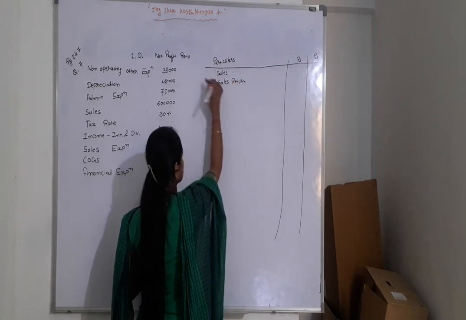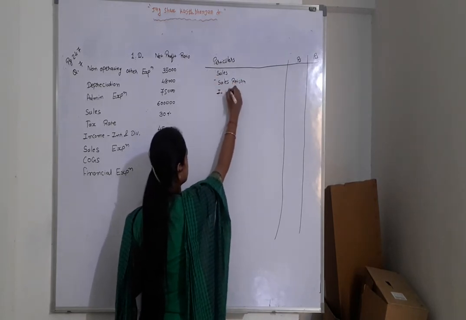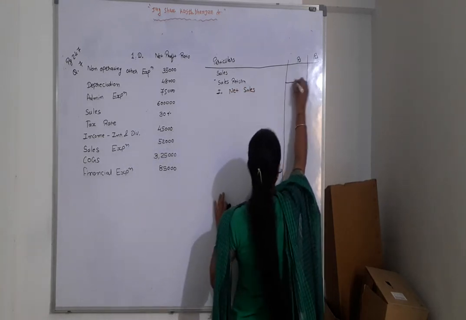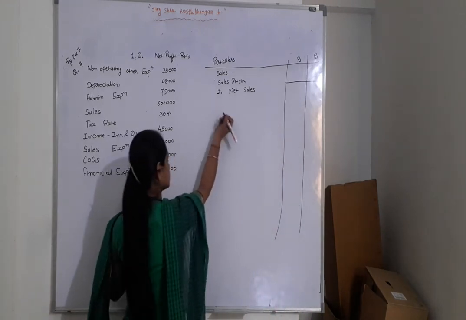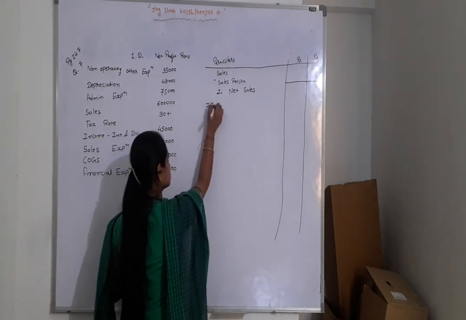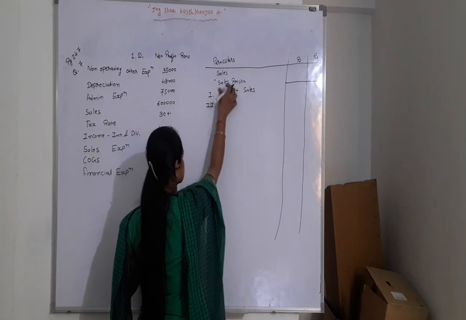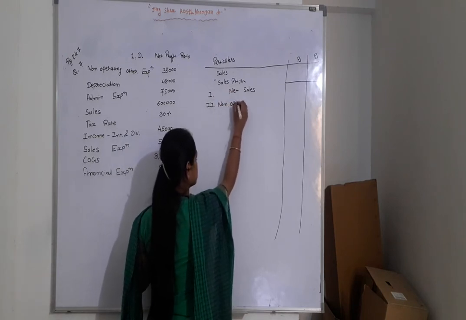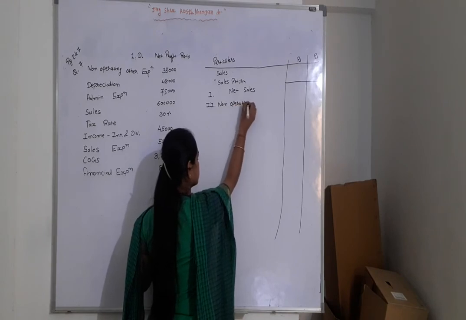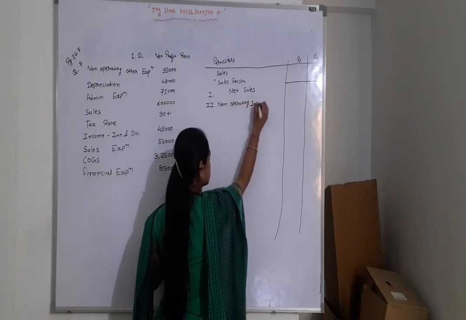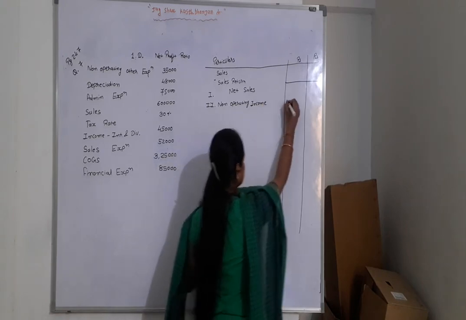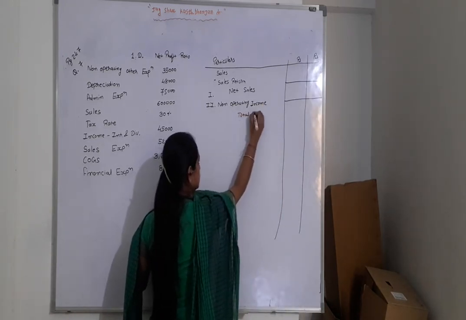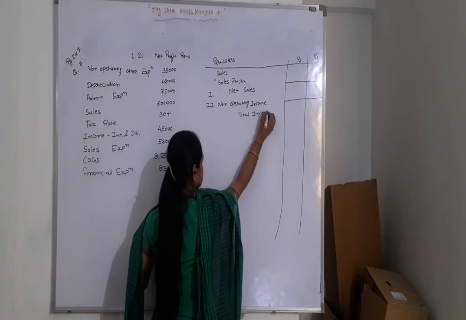You can write first over here. First, net sales. Okay. Second, non-operating income. Then we'll get the answer total income.